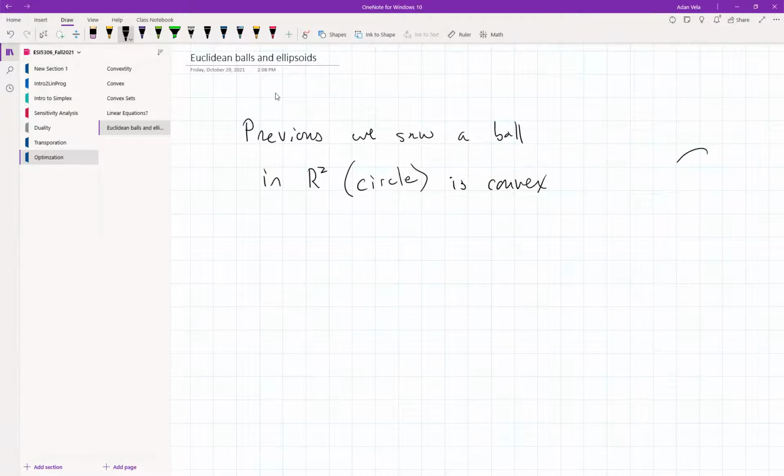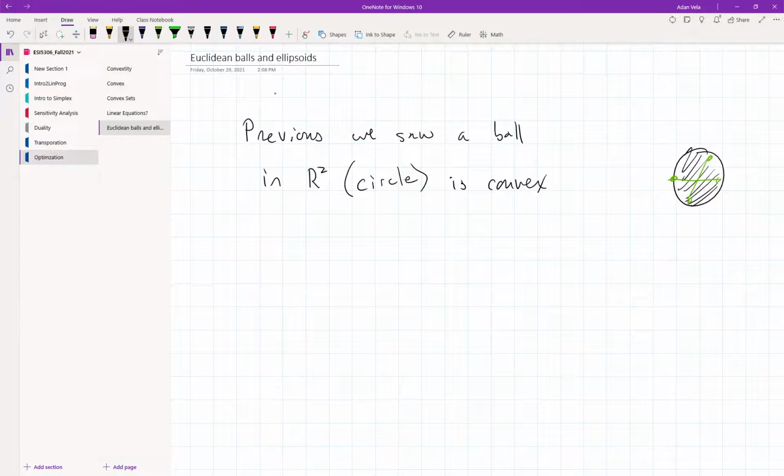My feasible space is everything that's inside of it. If I pick any 2 points and try to connect them, it will stay within that circle. So we know this Euclidean ball, our 2D circle, is convex.